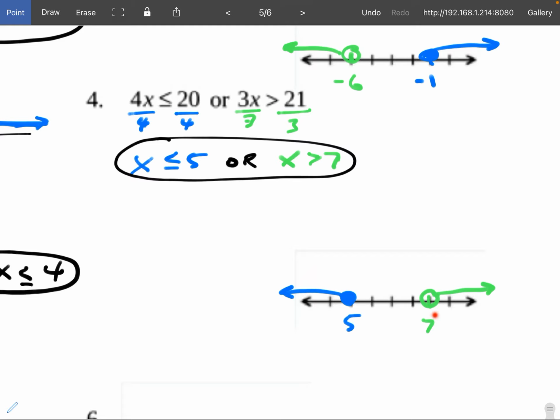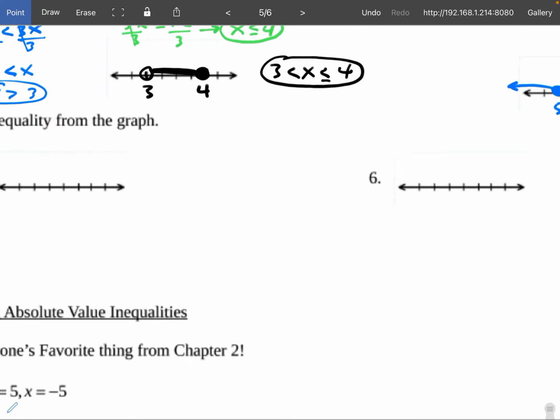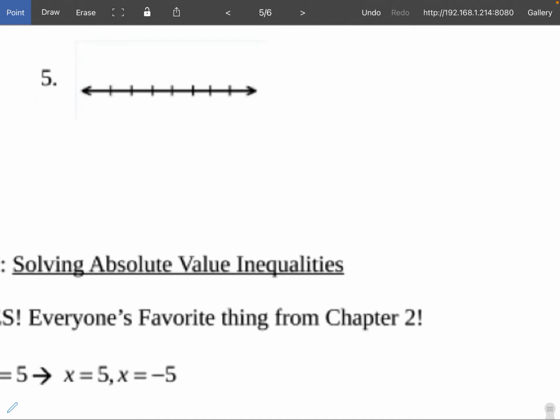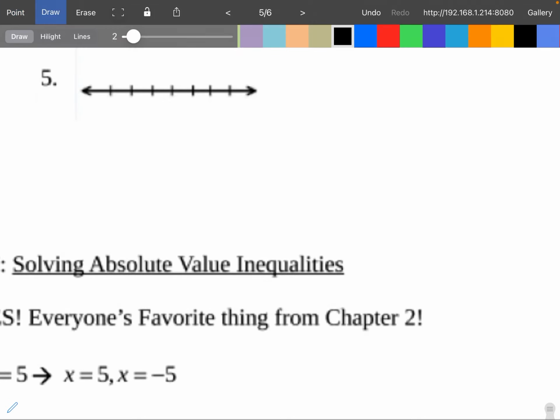Is 5 a part of the solution? Yes, because it's got the solid dot. What about 7? Is that part of the solution? No, because it's got the open dot. So the solutions are all the x's that are less than 5, including 5, or the x's that are greater than 7.